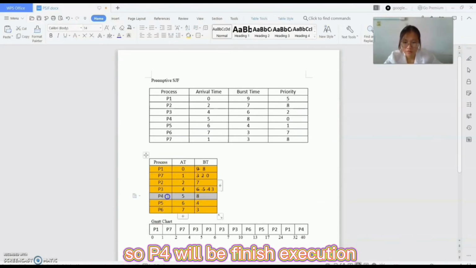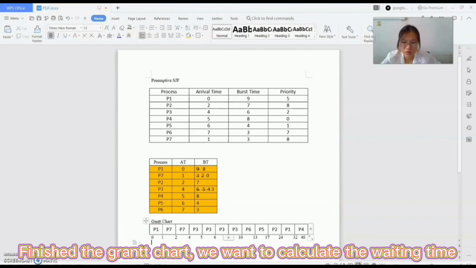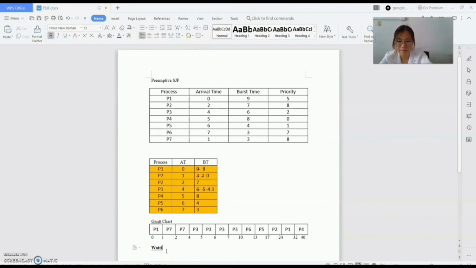So P4 will finish execution. Finish the Gantt chart. We want to calculate the waiting time.